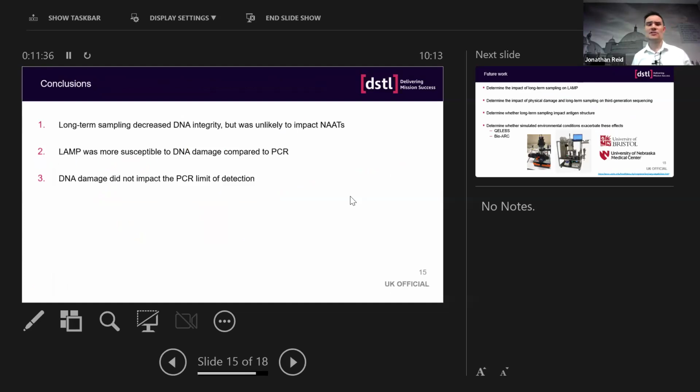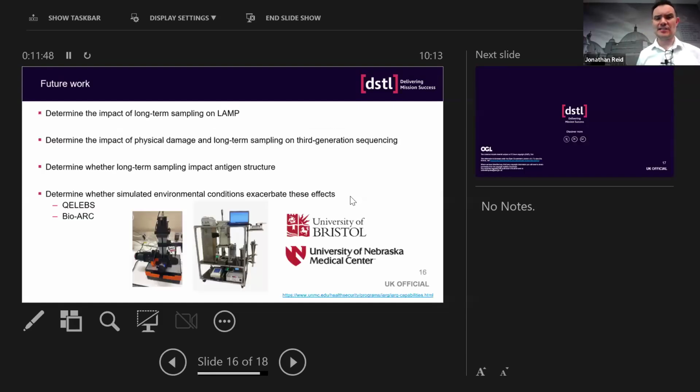So to conclude, long-term air sampling decreased DNA integrity, but it's unlikely to impact these technologies. LAMP was more susceptible to DNA damage compared to PCR, and this physical damage did not affect the limit of detection. Very quickly, the future work will look at comparing PCR to LAMP.